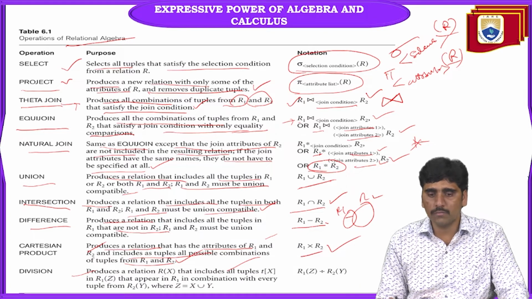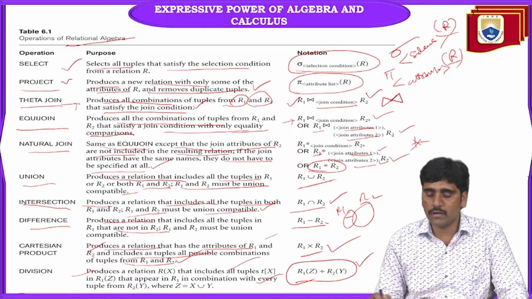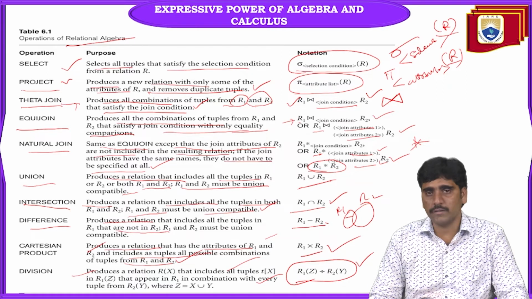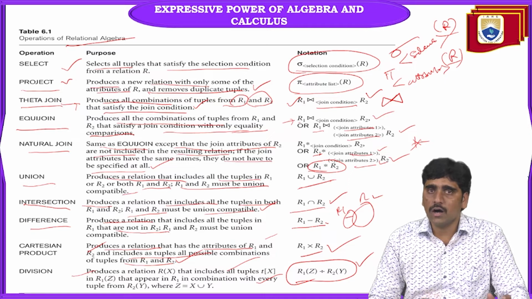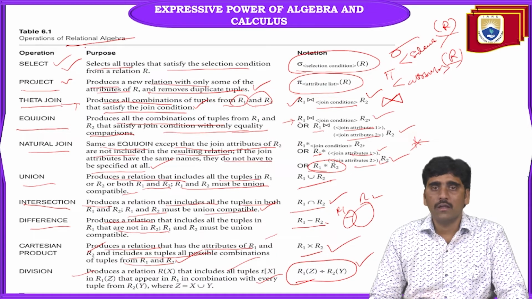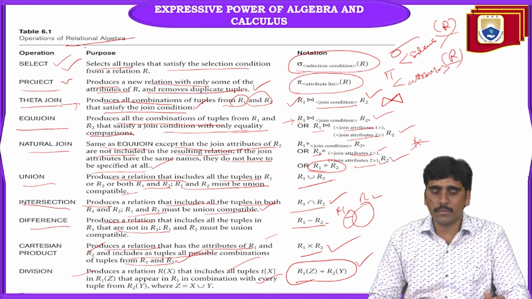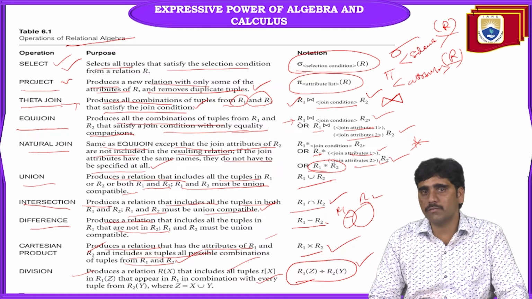It is represented as R1 of Z divided by R2 of Y. These are all the different types of operations of relational algebra. To perform relational operations like selection, projection and theta join, we have to specify these types of operators.